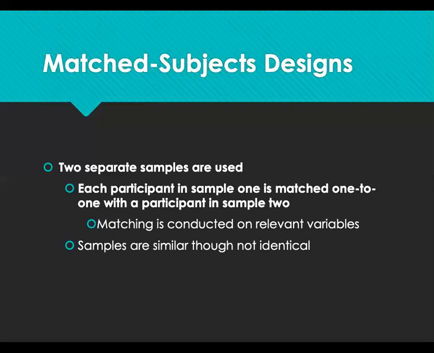And so with matched subject design, you kind of get the best of both worlds. You get the pros of both of these two different types of designs, and you won't really get the disadvantages of those designs.